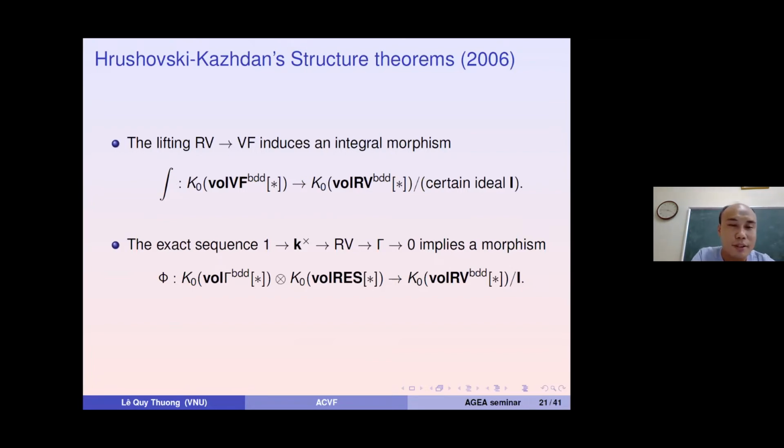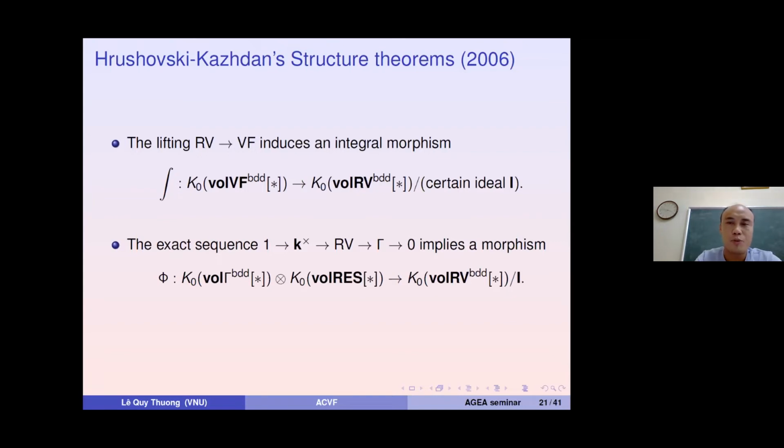So the exact sequence involving K star, RV, and gamma implies a ring morphism phi from the tensor product of the Grothendieck rings of Vol gamma and Vol rest to the Grothendieck ring of the category Vol RV bounded.